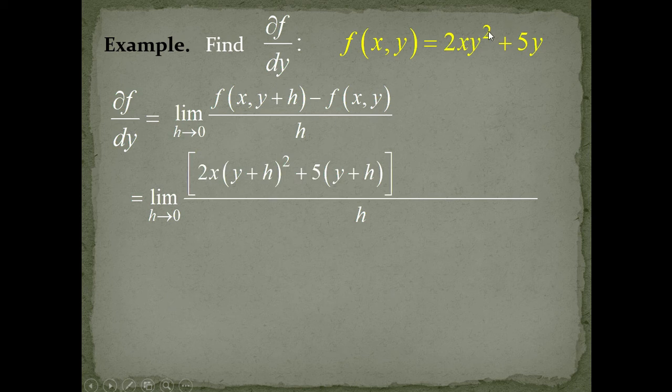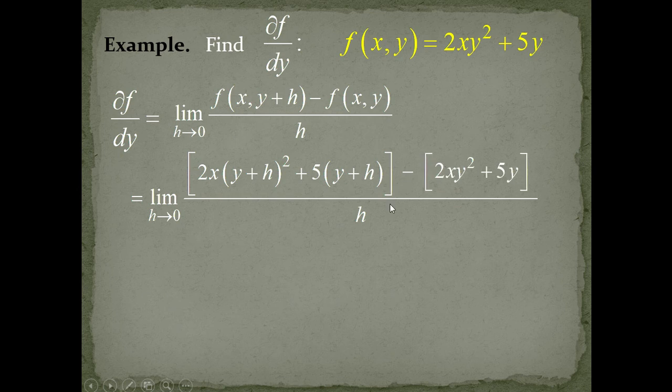Then we change y to y plus h, then we have squared, so we also have to square this. Then plus 5 times y plus h, because our y is equal to y plus h. Then minus f of x and y, which means the right side of this equation, so you substitute it here. All right, so we have this.